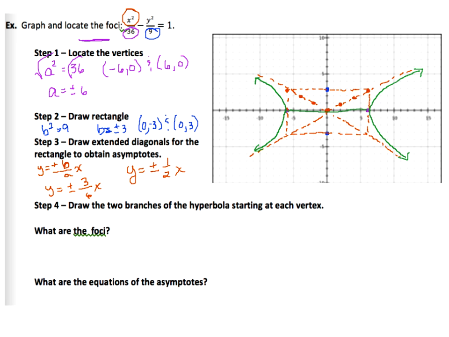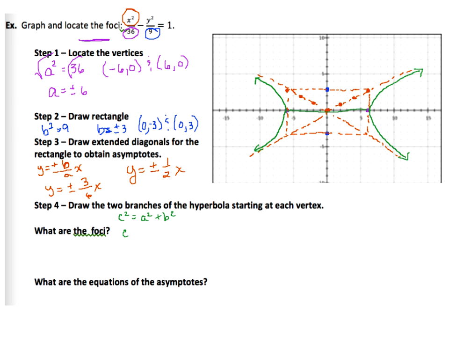Now we are asked, what are the foci? I'm going to start out with c squared equals a squared plus b squared, because it's the only relationship that I have to the foci with the vertices and the b values there.